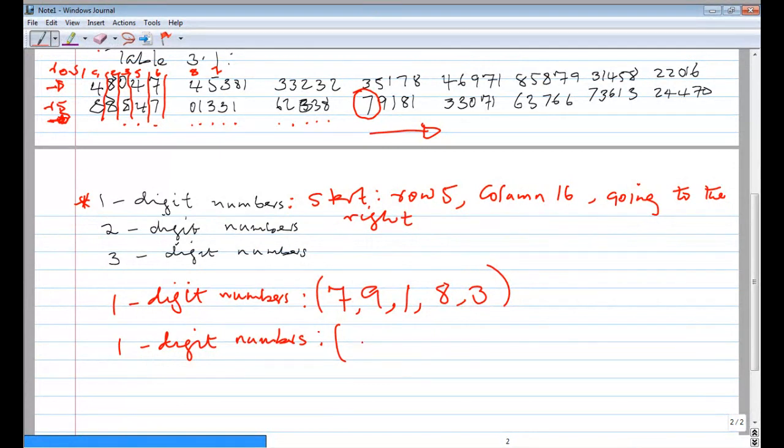Let's say from column number 1. That's our starting point. Okay. We're going to start at row 5, column number 1.